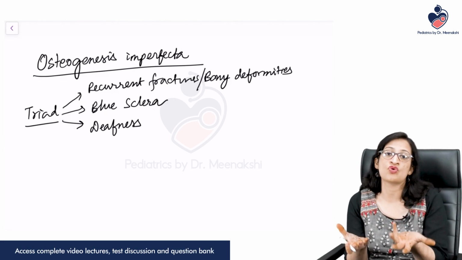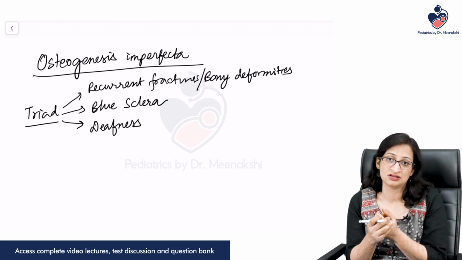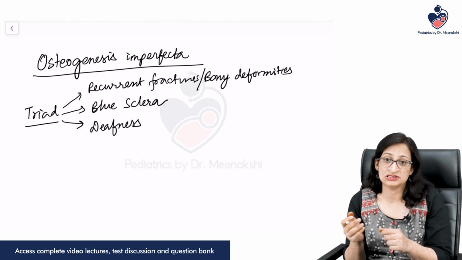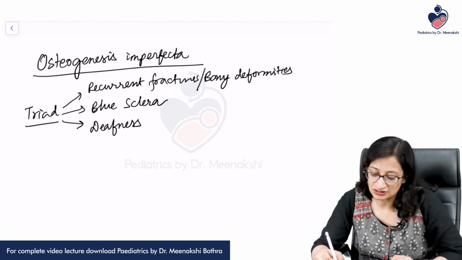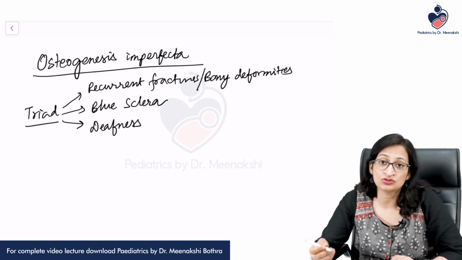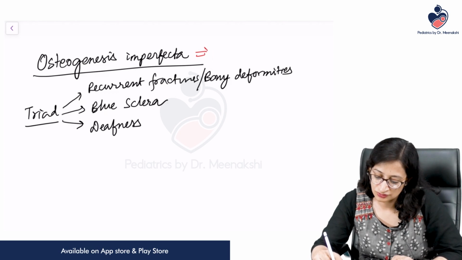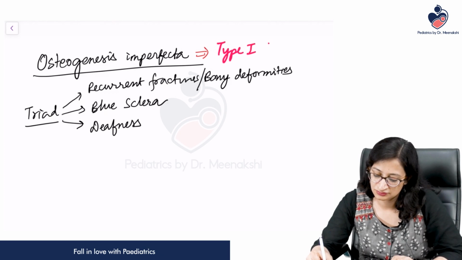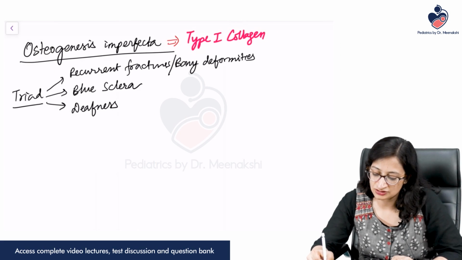The bones are so fragile, they fracture very easily. So, it is also called brittle bone disease, and it is basically a defect in the type 1 collagen.